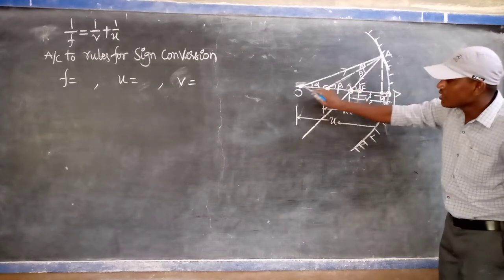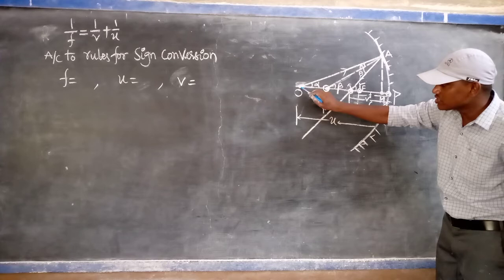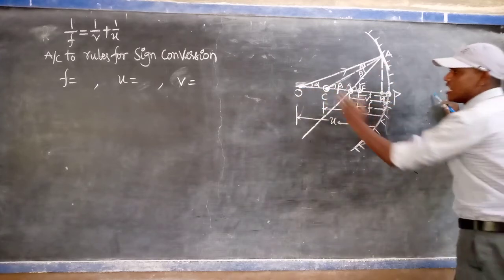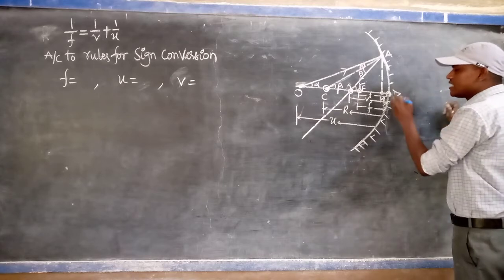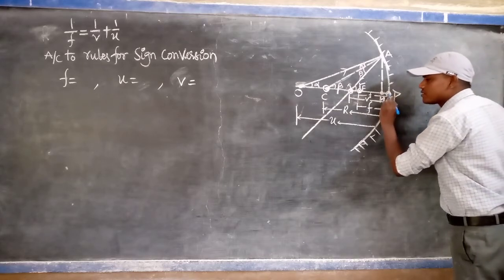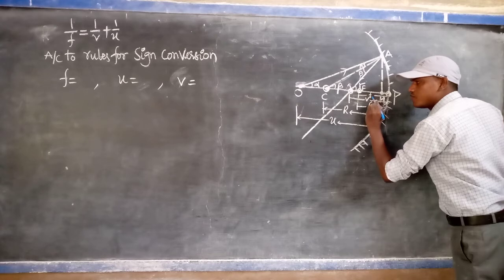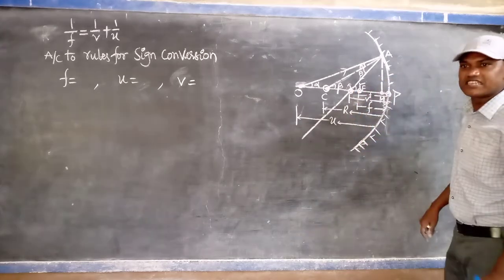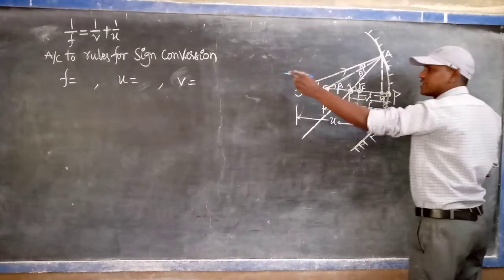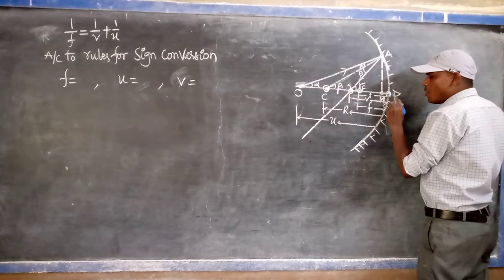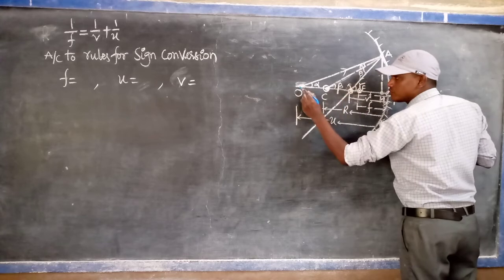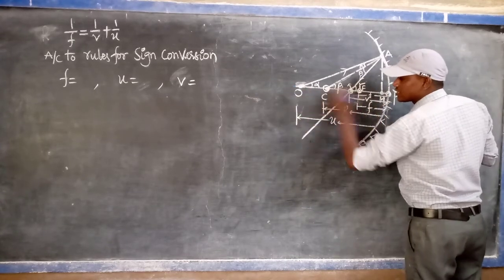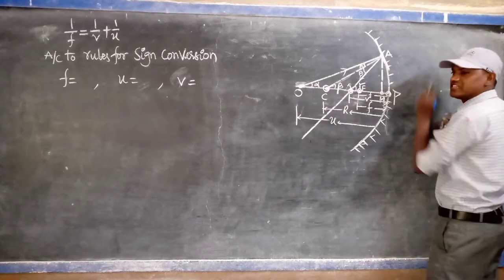Here O is the object position. The rays move from left to right. But the distance from the pole of the mirror to the principal focus is measured opposite to the incident ray, so the focal length is negative. The distance from the pole to the object, from P to O, is also opposite to the incident ray.